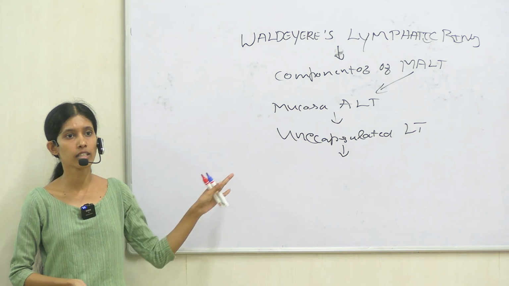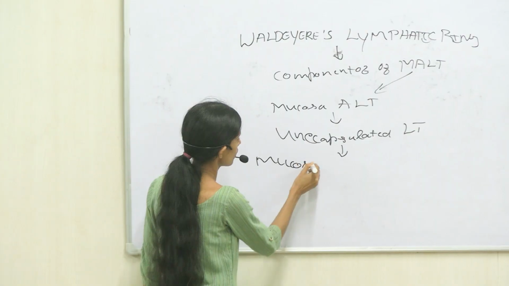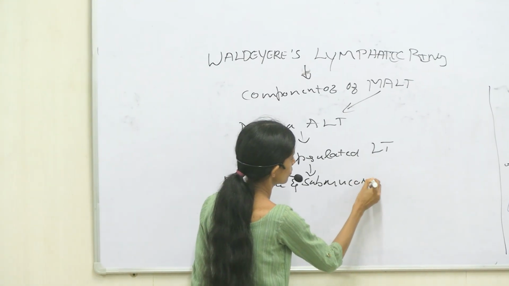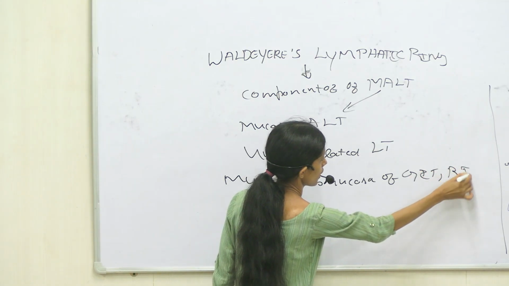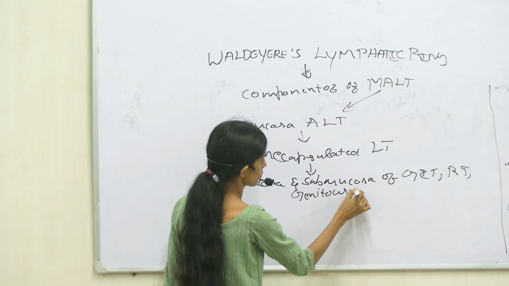These types of uncapsulated lymphoid tissues are present in the mucosa and submucosa of your GIT, respiratory tract, and also your genitourinary tract.